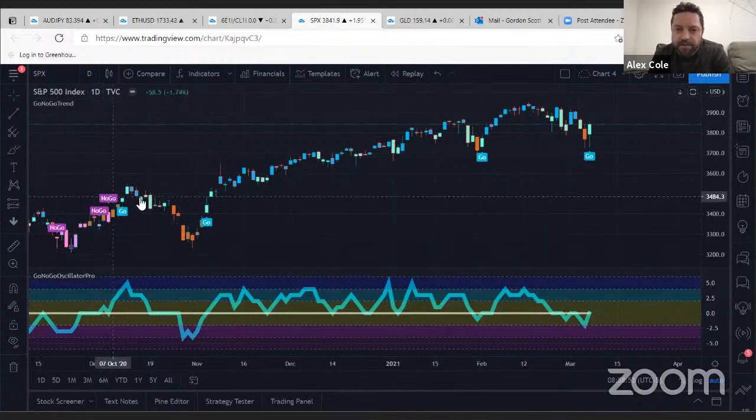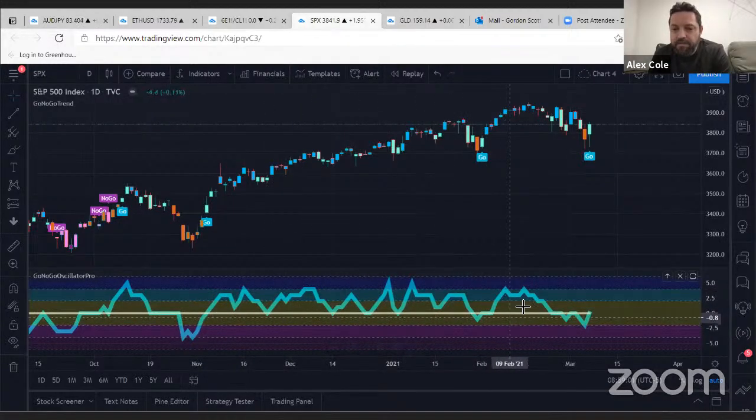We probably all had the same trend channel on the chart, with the highs going up there. But the last couple of days of last week really flirted with that trend channel and caused the oscillator to struggle at the zero line. It went amber on Thursday, rallied really strongly on Friday, and the oscillator is now back at the zero line. So it's very, very interesting at the moment.